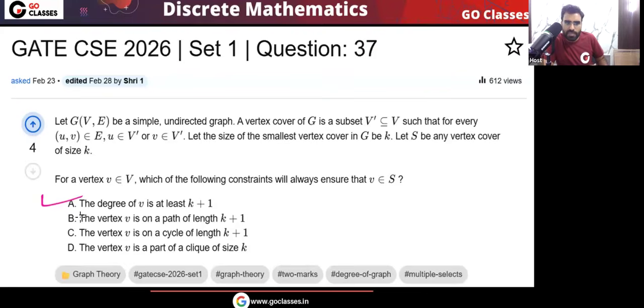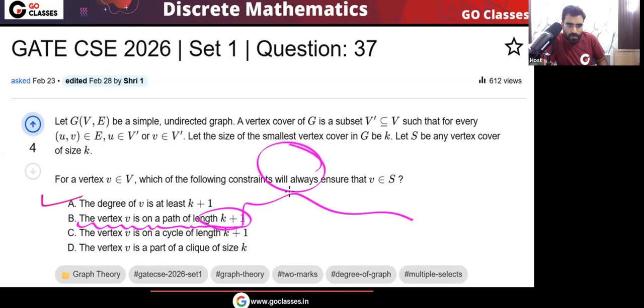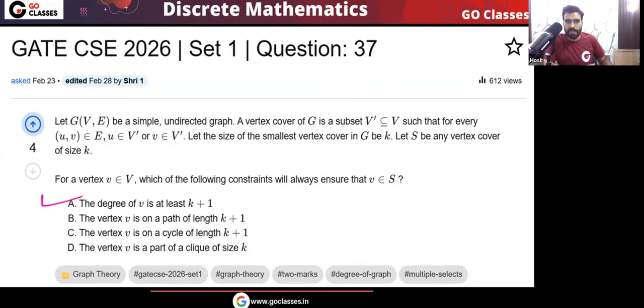So option B is saying that vertex V is on a path of length k plus 1, but this does not always ensure that V will belong to all the smallest vertex covers. Yes or no? Is this clear?